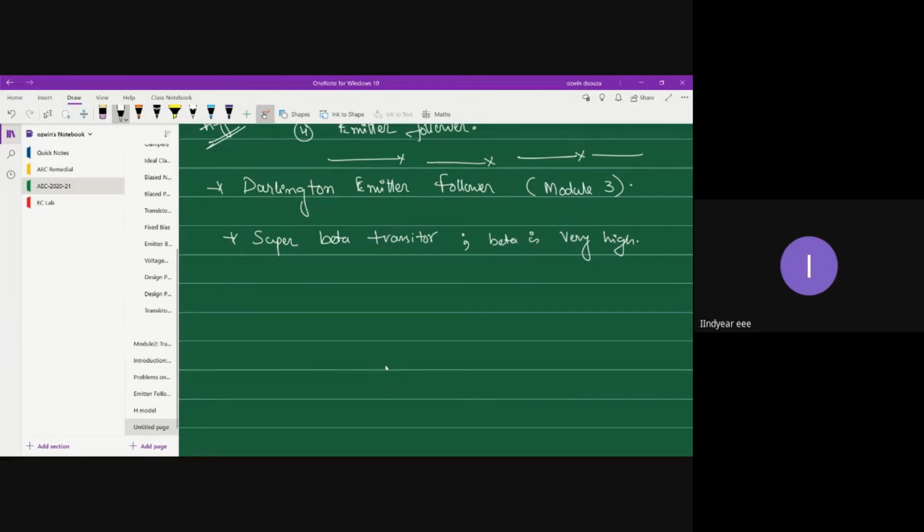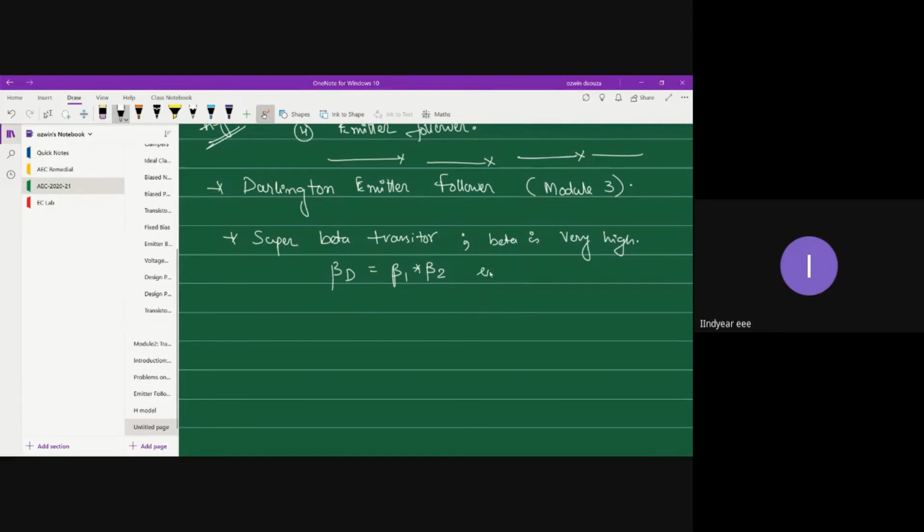This Darlington emitter follower basically consists of two transistors. A pair of transistors are connected in a definite manner so that you get the overall gain beta as the product of two current gains.